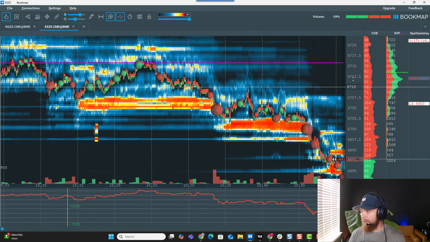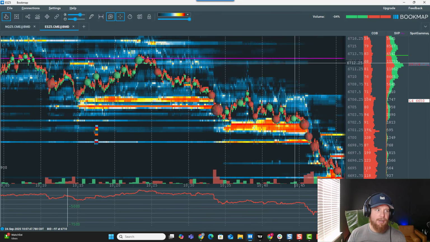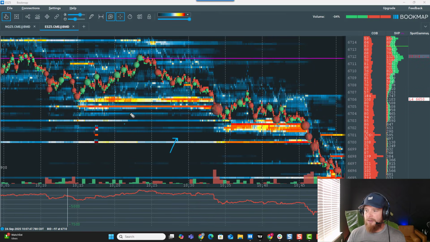If you've never used Bookmap before, basically these are passive or limit buy orders at this level. If you look across to the right, let me get my little drawing tool here, you can see how it's lined up perfectly with this gamma level. And that is right where we came down and bounced.